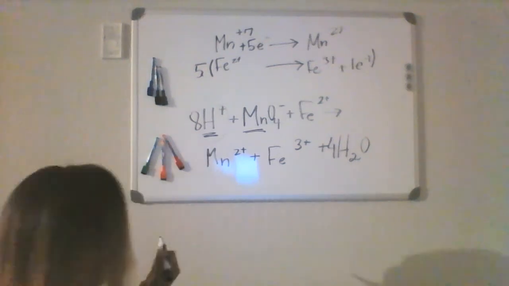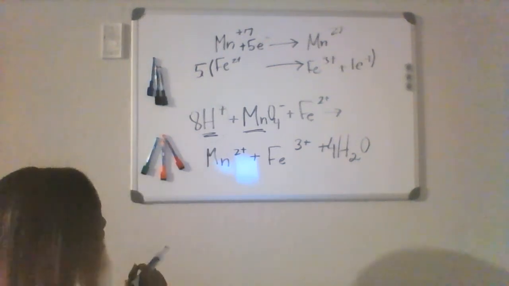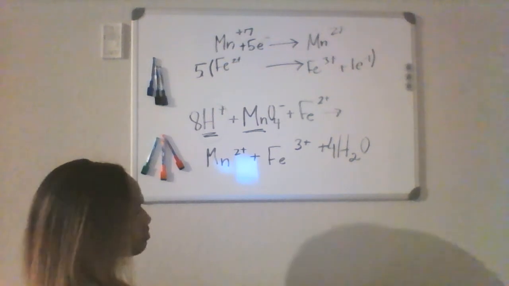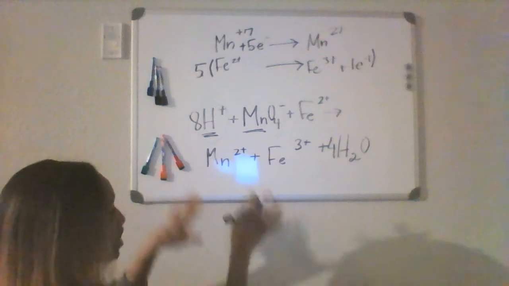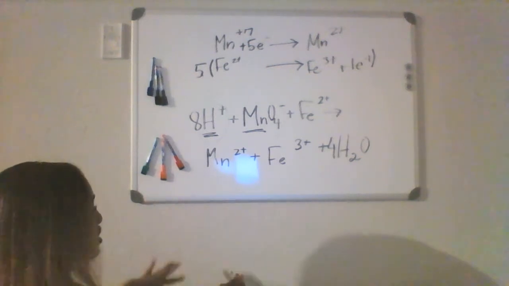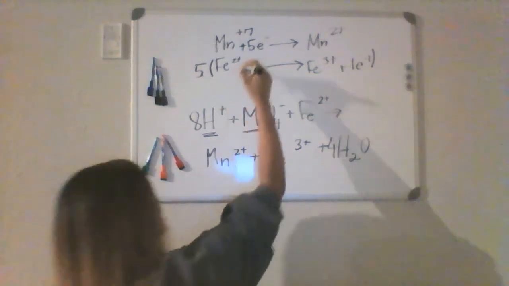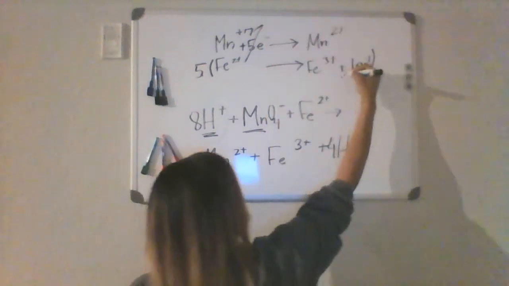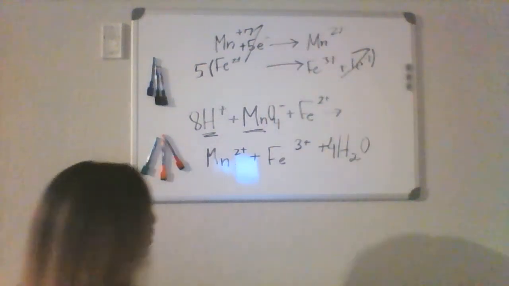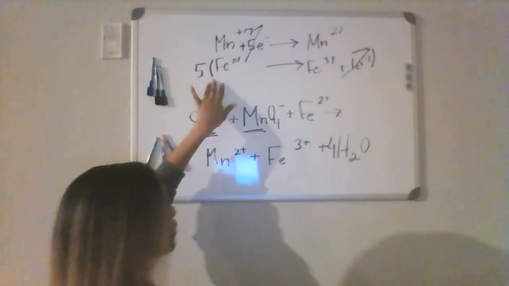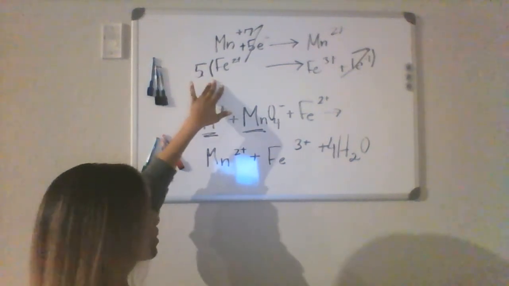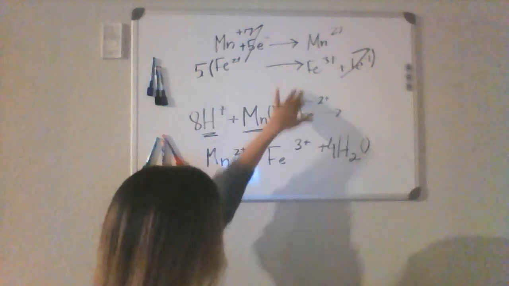And so now that we've balanced the charges, we don't really need to write the actual electrons in the final equation solution, although we went through all this work. So basically you just cross them out. But what will have occurred is we increased the number of Fe2+ and Fe3+ ions.